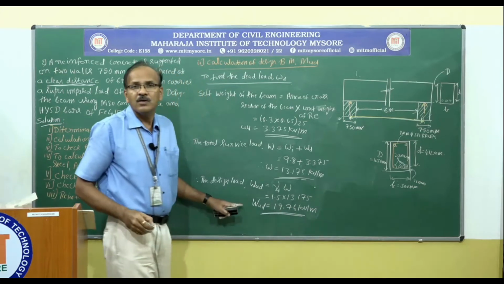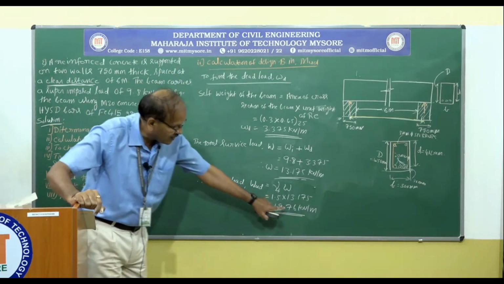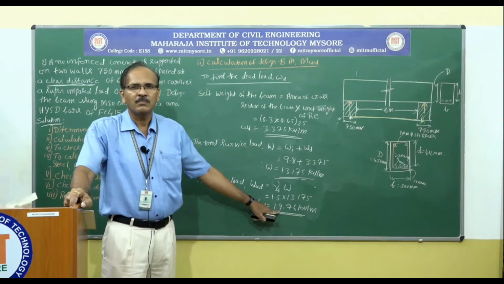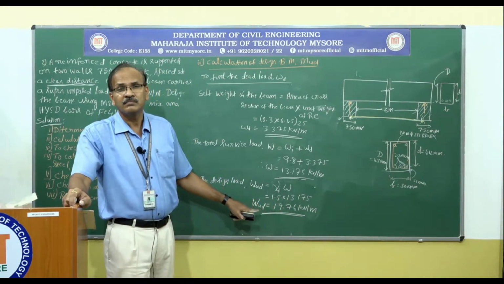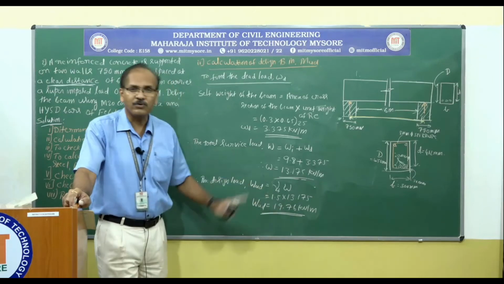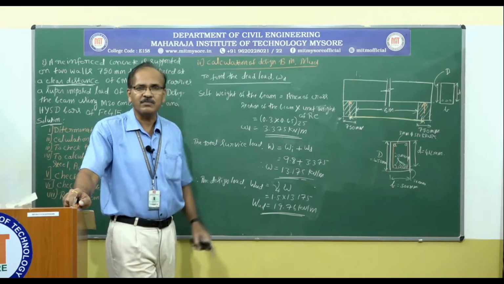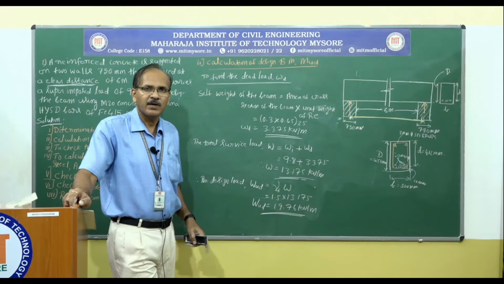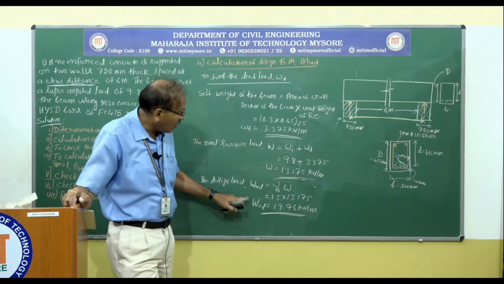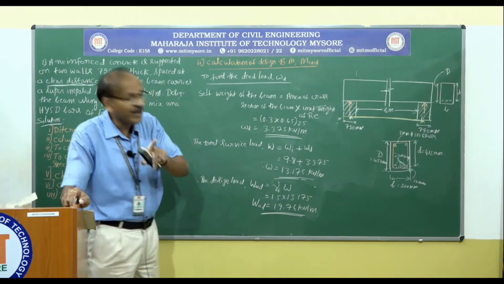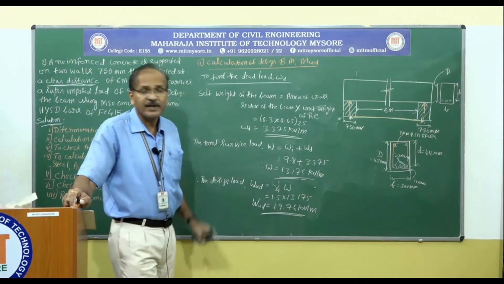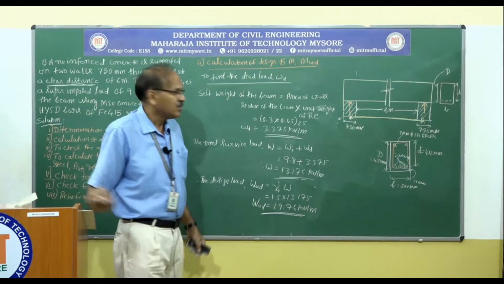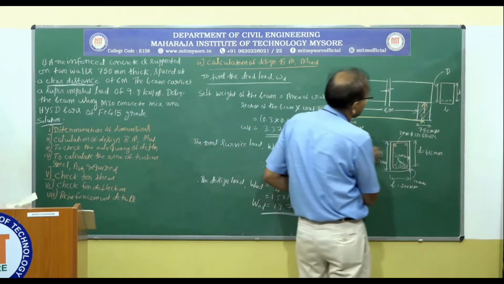Okay, so this is the design load, or you can call it as ultimate load or factored load. They are one and the same. Is it clear to you? So now we have the span, that is the effective span, and we have the design load. So we will go with the next step.